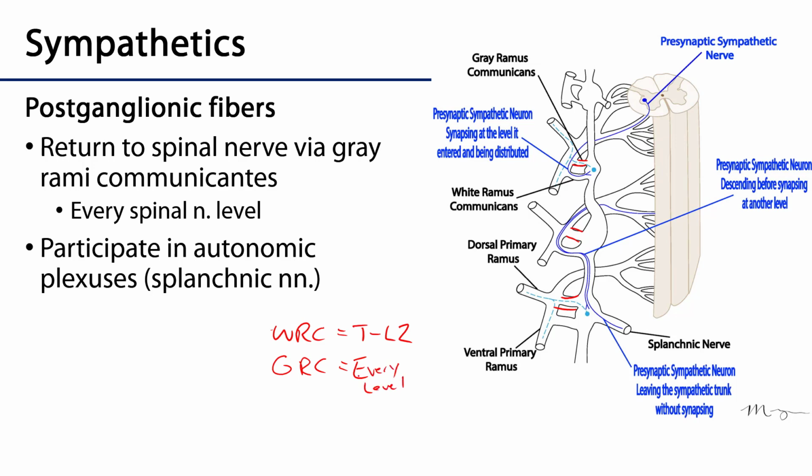And that's because we have fibers that are ascending or descending the trunk. Some of those preganglionic fibers, so these are not going to be postganglionic fibers, some of those preganglionic fibers, they leave without ever synapsing, and those become splanchnic nerves.